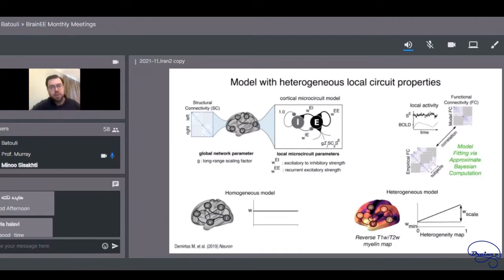Or the alternative that we're going to test, informed by the gene expression mapping, is that we have this hierarchical axis of specialization. What that means is the parameters in our model, like the strength of E to E recurrent excitation, cannot be fixed across areas, but could scale as we go from sensory to association areas, following this inverse T1/T2 myelin map. Okay.